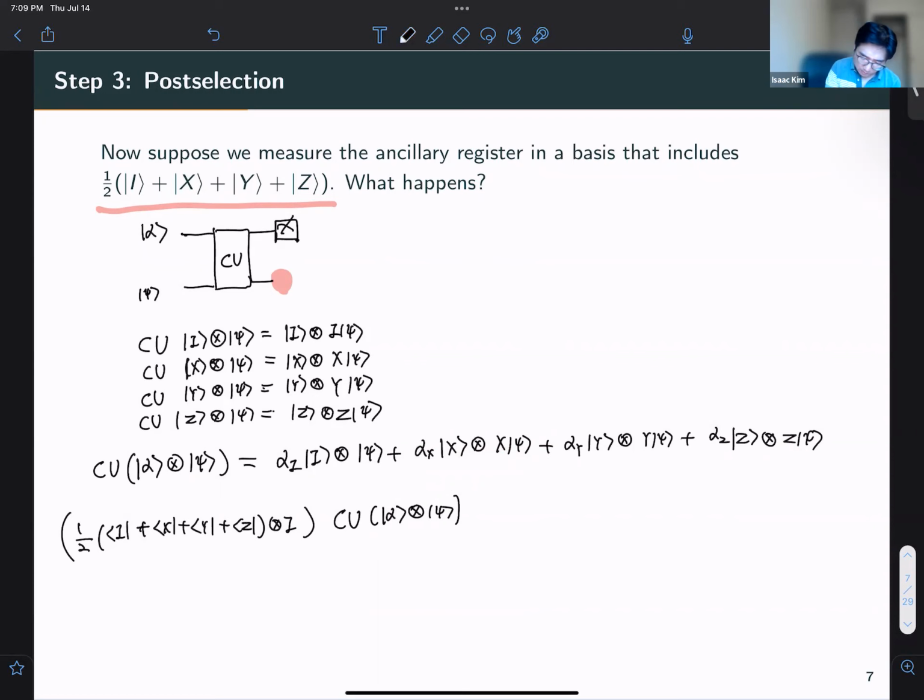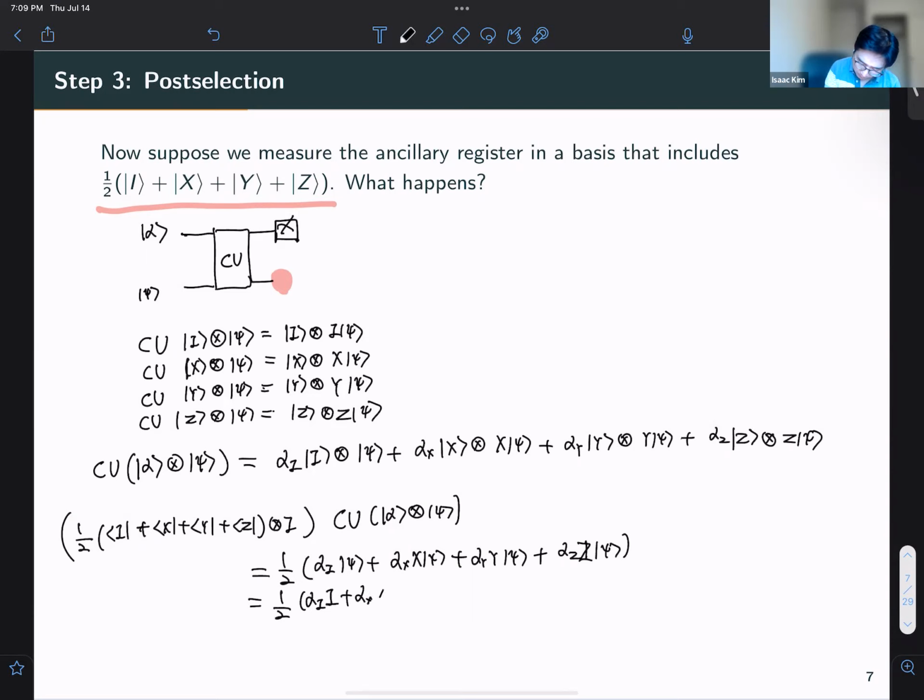If we apply this, then what we end up with is essentially 1/2 of alpha I psi plus alpha x, x psi plus alpha y, y psi, plus alpha z, z psi. And we can, of course, rewrite this as alpha I plus alpha x, x, plus alpha y, y, plus alpha z, z, applied to psi.